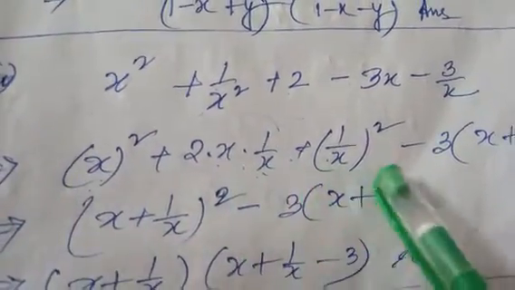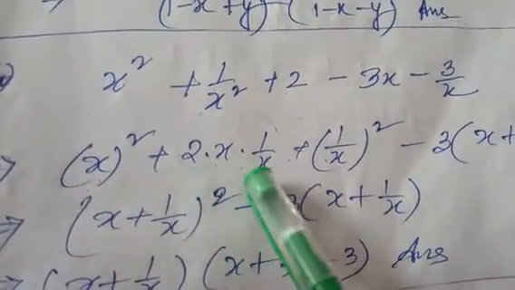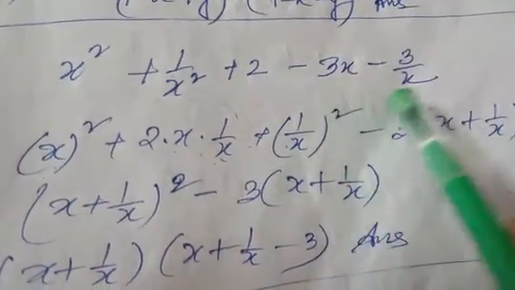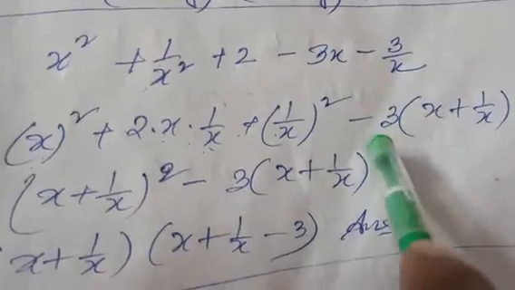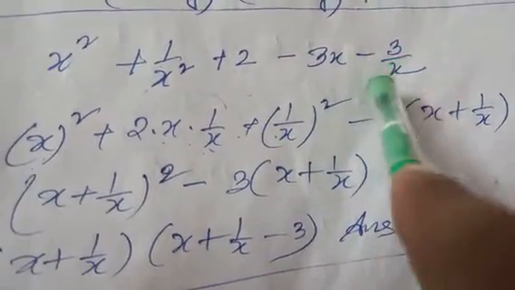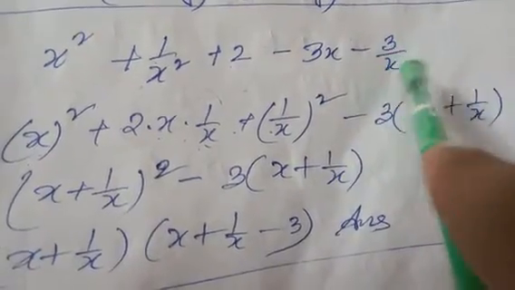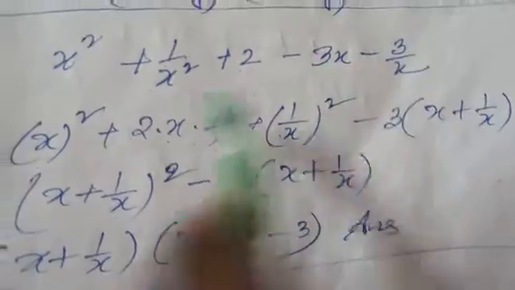These three form a format of a square plus 2ab plus b square, and we take common 3 from these two, minus 3x minus 3 by x. So minus 3 into, when we take 3 common, x and 1 by x, plus, because of common minus from these two.